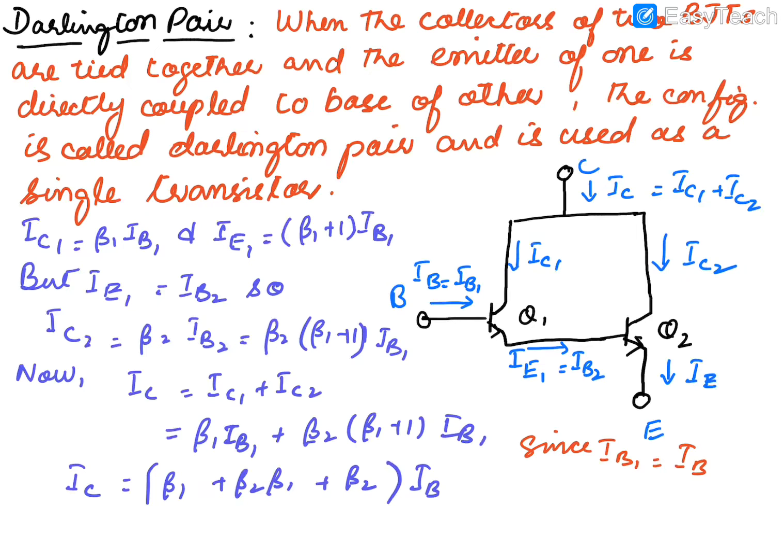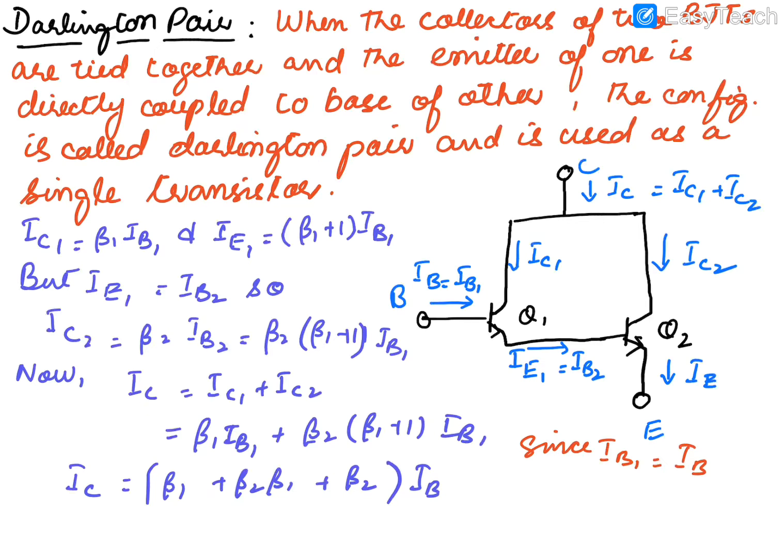So in this case, for the first transistor, IC1 is beta 1 times IB1, IE1 is beta 1 plus 1 into IB1. But as you know, IE1, the emitter current of the first transistor, is equal to the base current of the second. So IC2 will be equal to beta 2 times IB2, and you will put the value of IB2 as IE1, which is equal to beta 1 plus 1 times IB1.